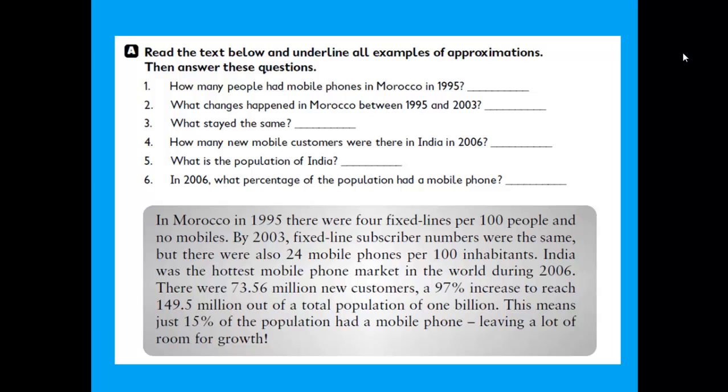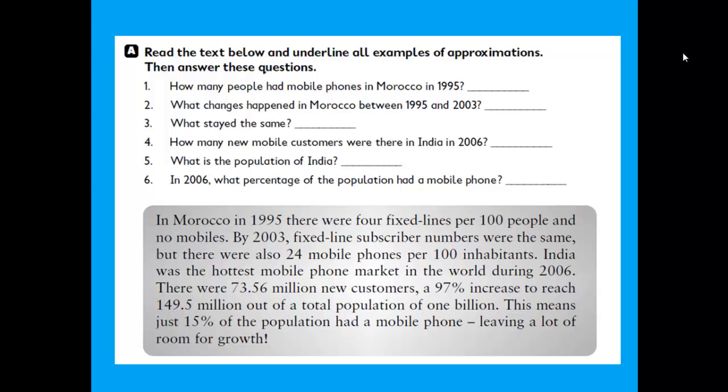Read the text below and underline all the examples of approximations. Then answer these questions. First of all, we want to read this text. In Morocco in 1995, there were fixed lines per 100 people and no mobiles. By 2003, fixed line subscriber numbers were the same, but there were also 24 mobile phones per 100 inhabitants.